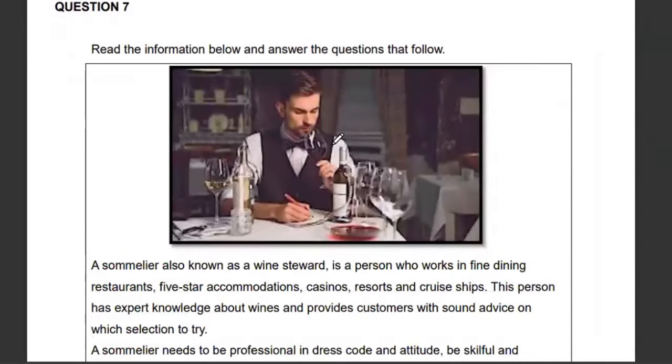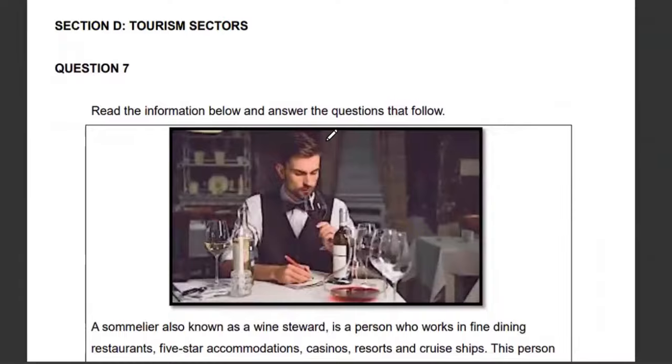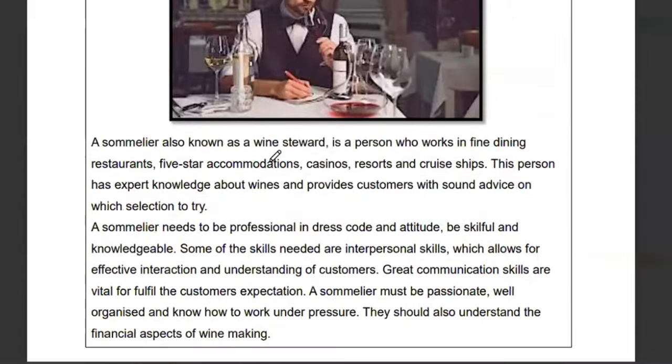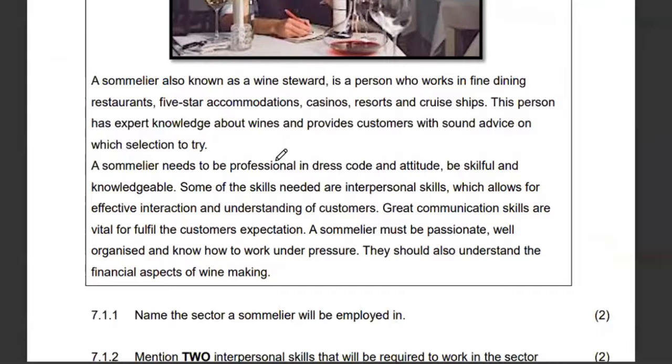Now, moving straight to question 7. Read the information below and answer the questions that follow. A sommelier, known as a wine steward, is a person who works in fine dining restaurants, 5-star accommodation, casinos, resorts, and cruise ships. This person has expert knowledge about wines and provides customers with sound advice on which selection to try.